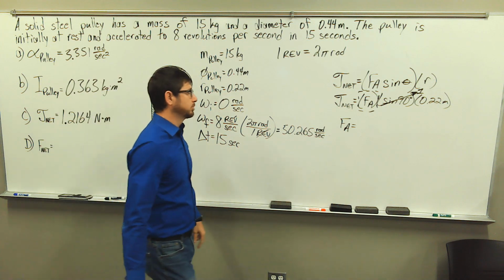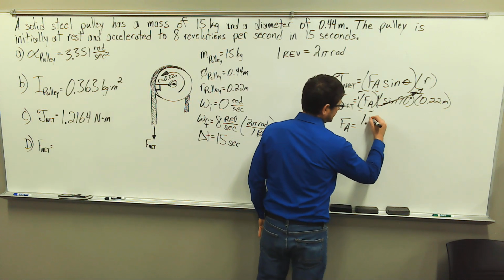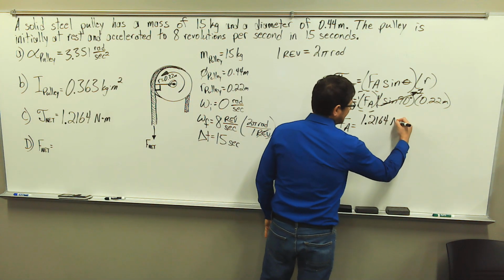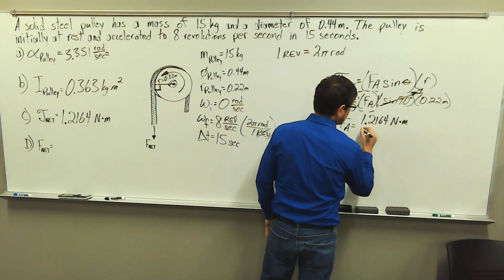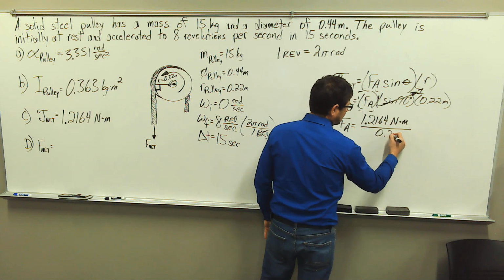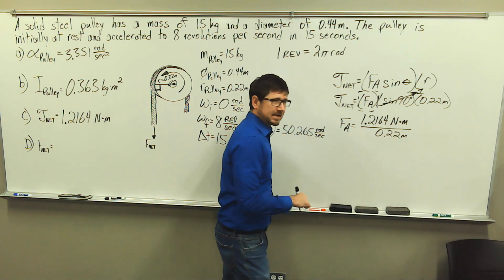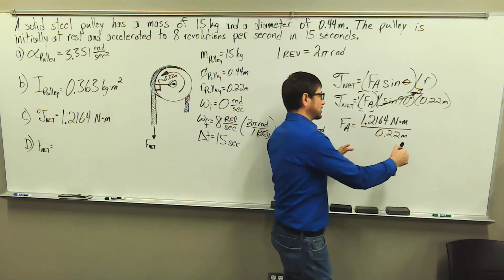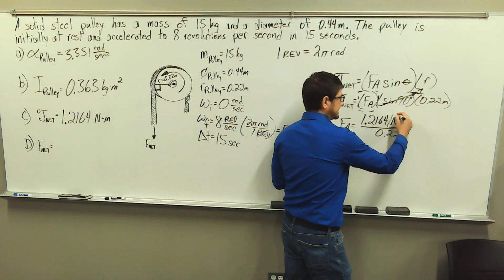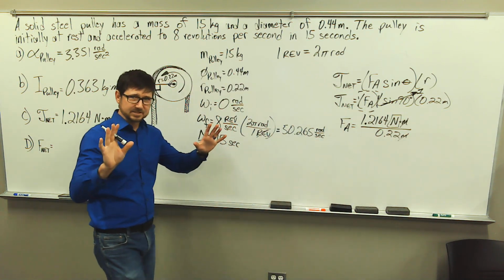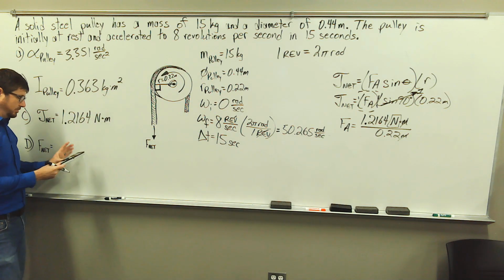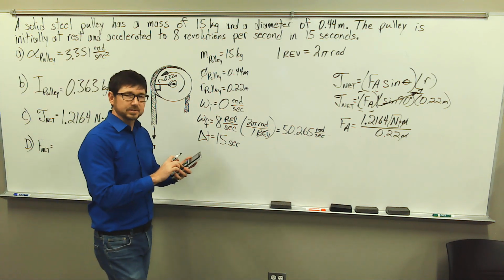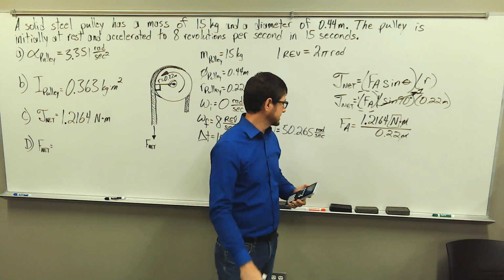I've got 1.2164, with units of Newton meters. We're dividing by 0.22 meters. And as you can see, our units of meters are going to cancel, leaving us with units of newtons. And that's great because in the metric system, the units for force are newtons.